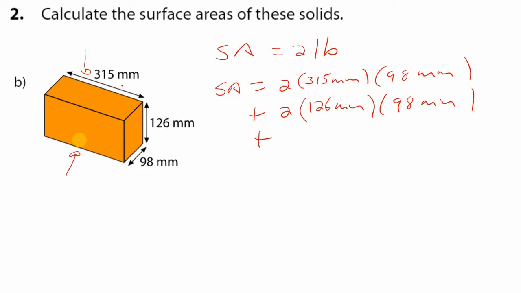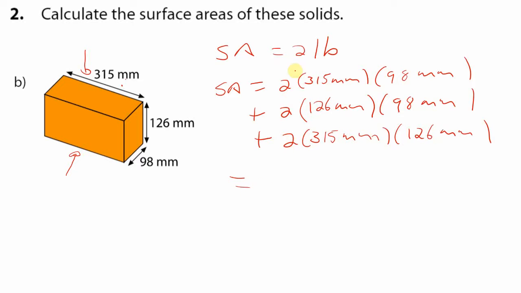And then finally we have these ones here and on the other side, which is the 315 by the 126. So it's 2 of them, it's 315 millimeter by the 126 millimeter.